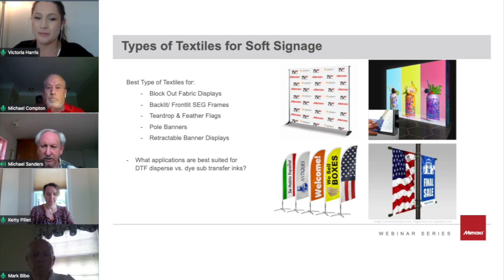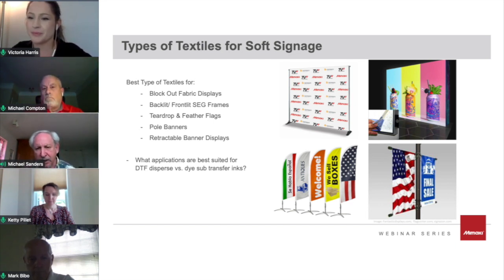Also, in a light box, it's really important to get as much ink onto the fabric as possible without overloading it, and by doing direct disperse, you can get that to happen. If you are going to do dye sublimation on a light box, you want to make sure you're using a heavy enough paper that you're going to be able to transfer enough ink onto the fabric to get a good enough saturation to get the color right when you're using a light box.